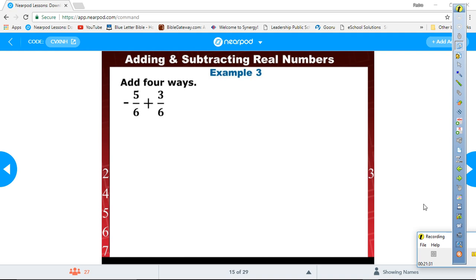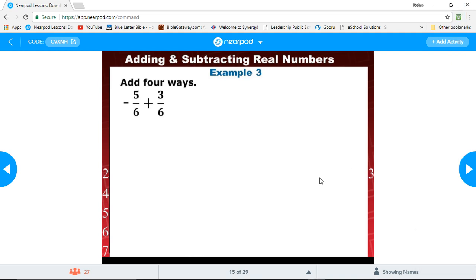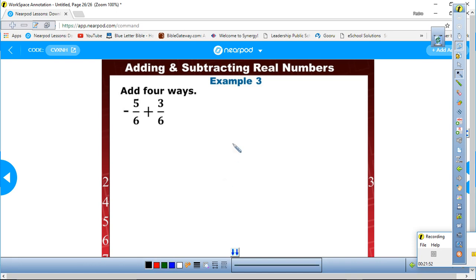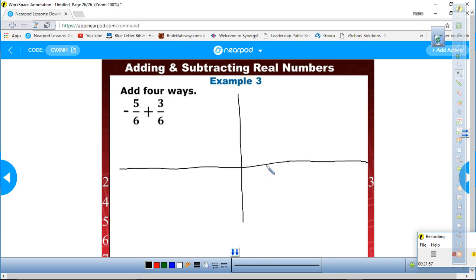Look at example 3. Copy that, please. Negative 5 sixths plus 3 sixths. There you go. Draw a line down, line across. For these, we're going to create unit circles: a unit circle for the first one, and a unit circle for the second fraction.